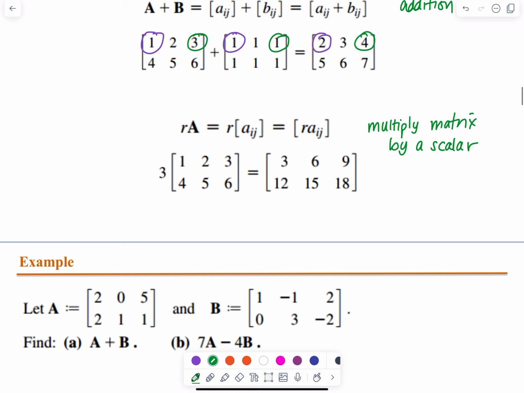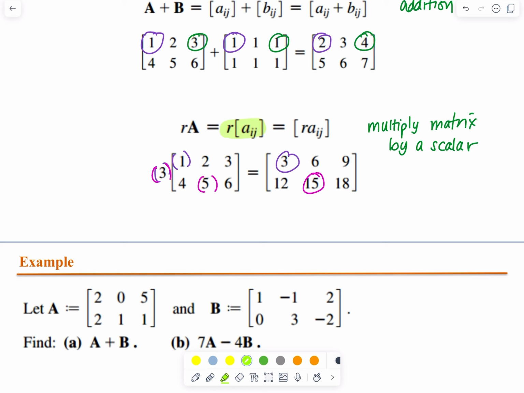Here, every element is multiplied by the scalar. So we have 3 times 1 and we have 3. Let me give you another example. We have 3 times 5 and we have 15. You can see right here that we have multiplied every element in the matrix by that scalar.